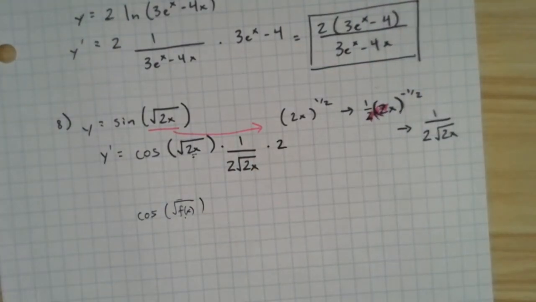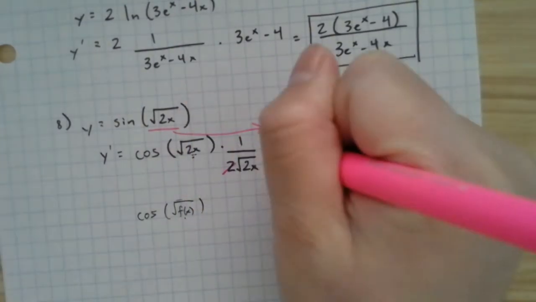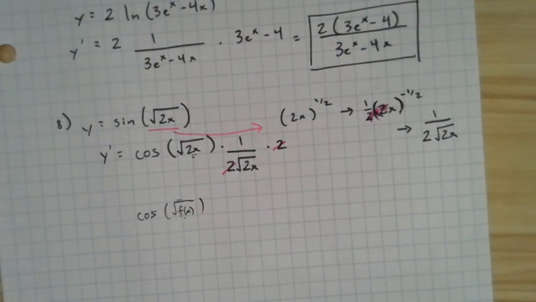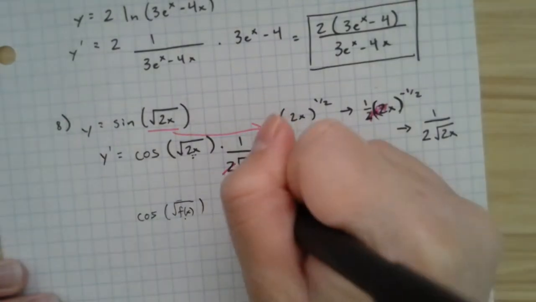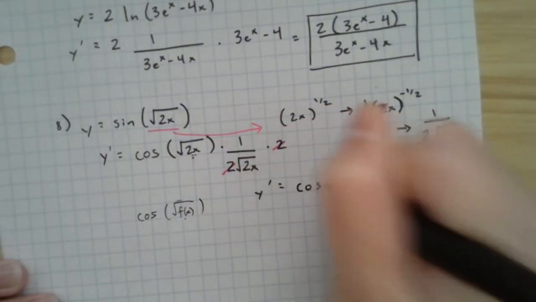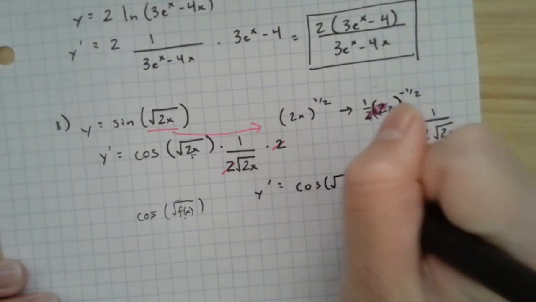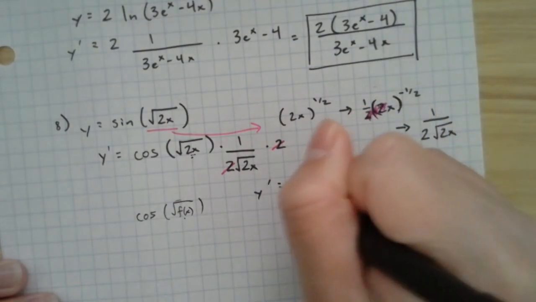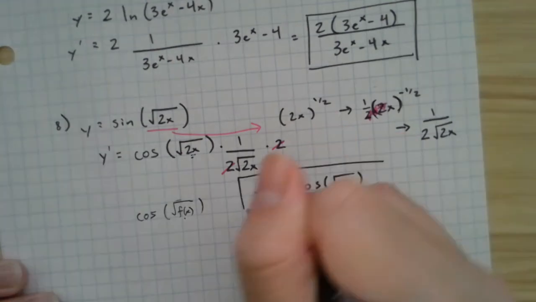Okay? So then the 2's will cancel there for sure. And so then I'm getting y prime would be cosine of square root of 2x all over square root of 2x. And this would be the answer.